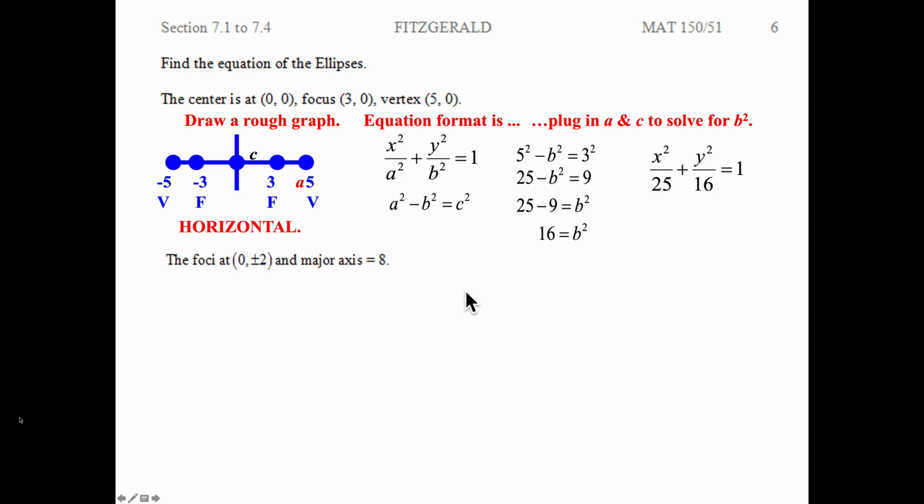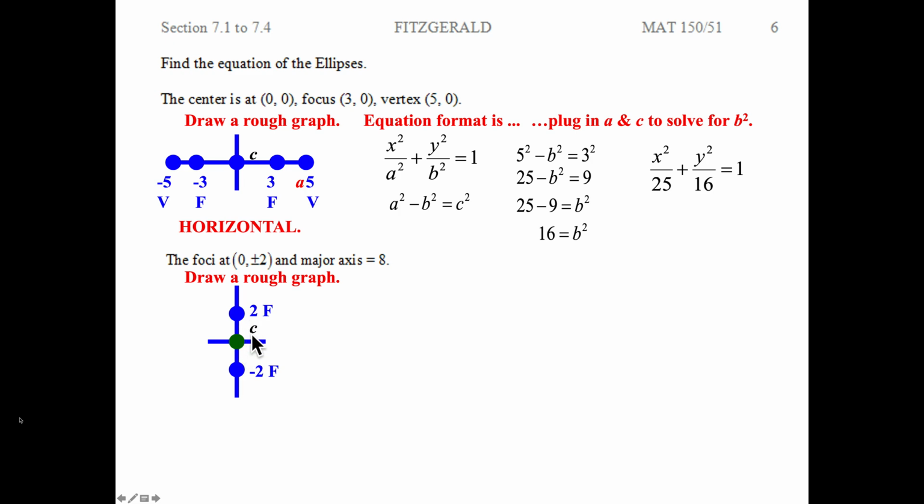All right, next one, the foci at 0 plus or minus 2 and a major axis of 8. So again, we're going to draw a rough graph. So 0, 2, 0, -2. So because the foci are going up and down, this is now a vertical ellipse, and halfway between the foci has to be your center.